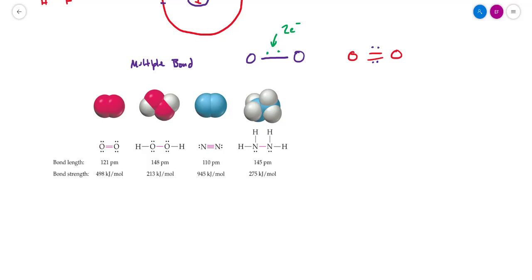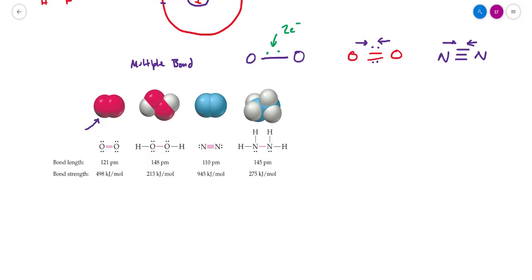As you get more electrons shared between them, those atoms get closer and closer together. They get drawn in. That attractive force is pulling these two things closer and closer to each other. In the case of nitrogen, you can actually get 3 bonds that form, which means there are 6 electrons here that are really tightly pulled towards each other.